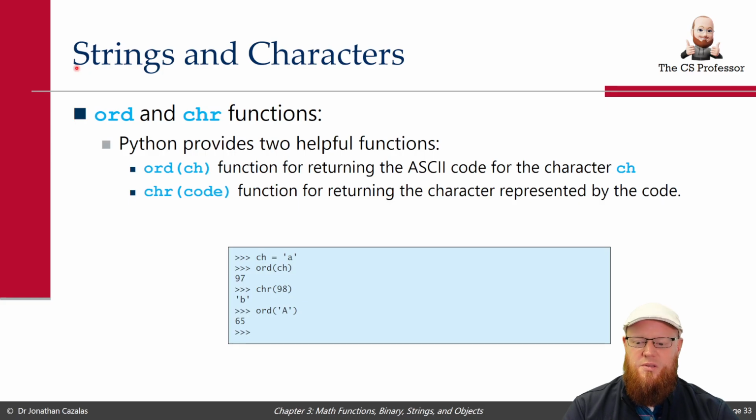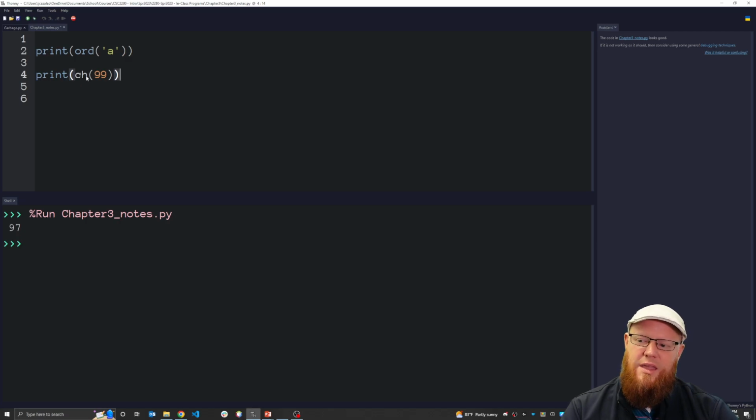Take a guess on what you think the chr value of 99 will be. And the answer is C. Because if A is 97, B would be 98, and the chr value of 99, which again is represented in binary under the hood, it's really binary, and we're giving the decimal value, and the chr value of that is actually C.